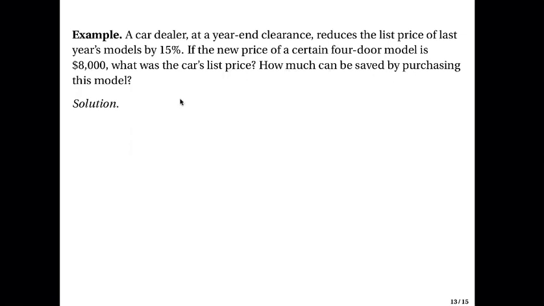How much can be saved by purchasing this model? So a car dealer at a year-end clearance reduces the list price of last year's models by 15%. If the new price of a certain four-door model is 8,000, what was the car's list price? How much can be saved by purchasing this model?